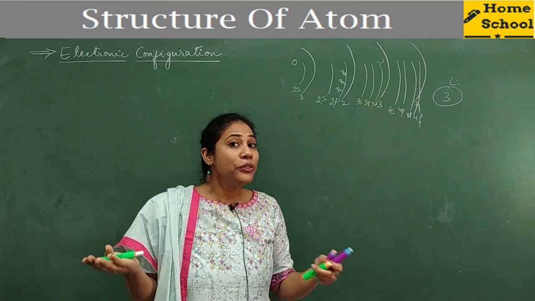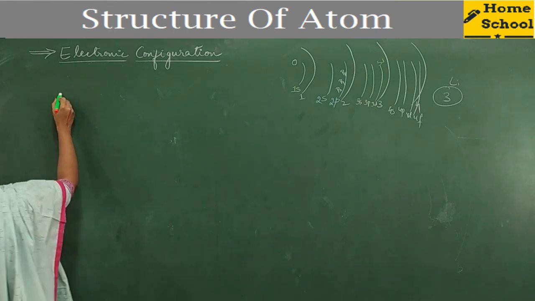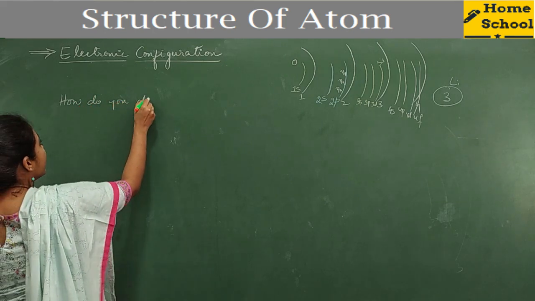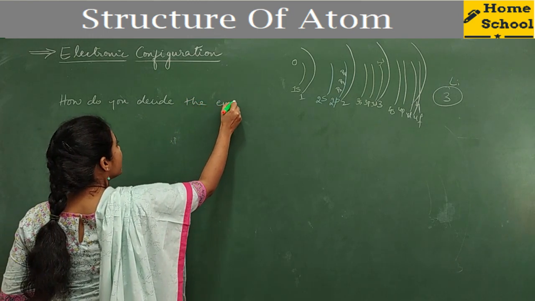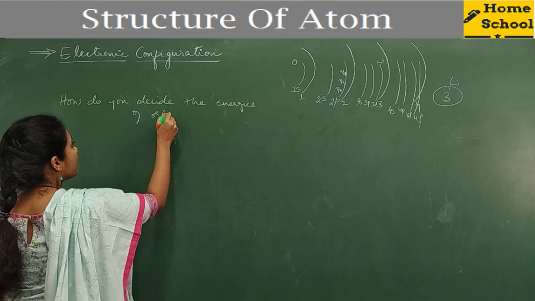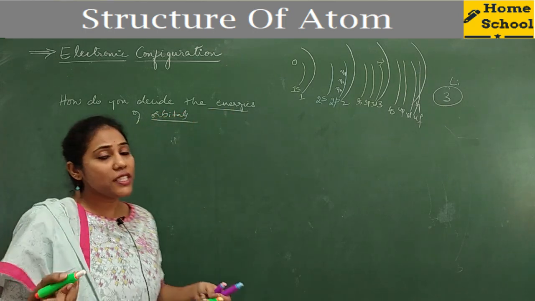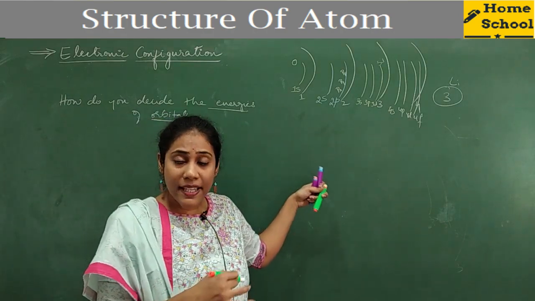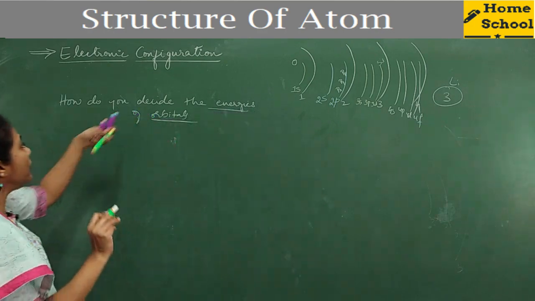So how do you decide the energies of orbitals? Deciding which orbital has what energy is very important, because electron filling takes place in the increasing order of orbital energy. So why do we have to learn this?